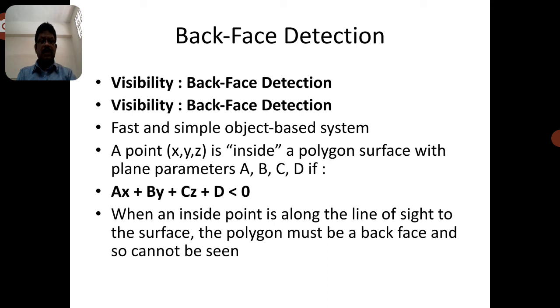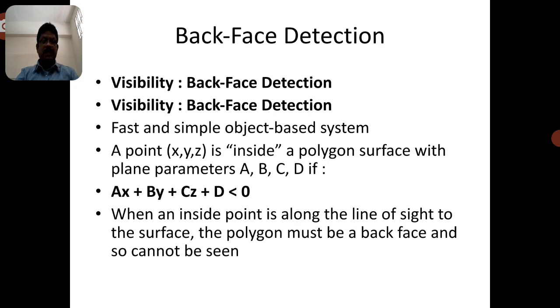Coming to the visibility of a particular point (x, y, z) under back face detection: if the polygon surface has plane parameters A, B, C, D, then with the help of the equation Ax + By + Cz + D < 0, when an inside point is along the line of sight to the surface, the polygon must be a back face and cannot be seen.